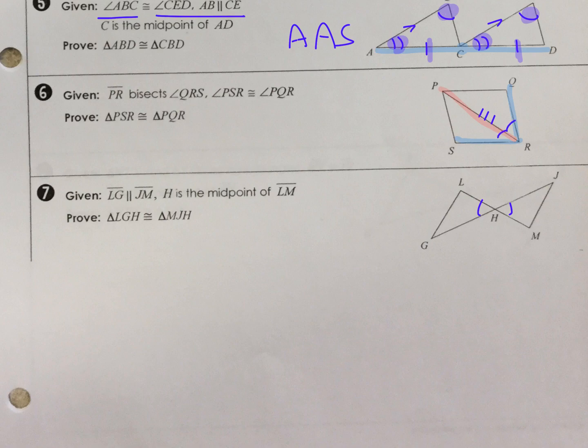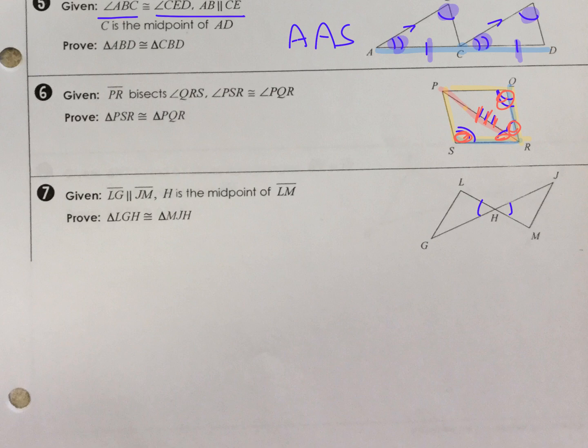So we'll put a hash there and a hash there. PSR is going to be congruent to PQR. So those guys are the same. And now when I look at this, I get in order angle, angle, side, angle, angle, side.